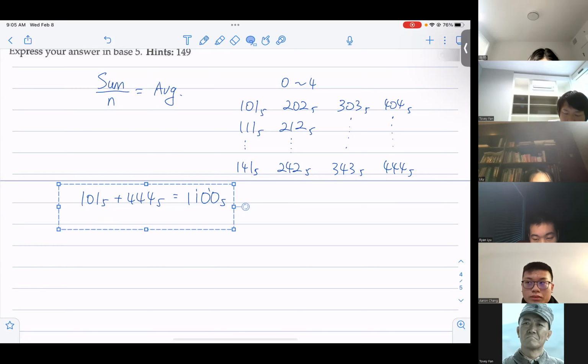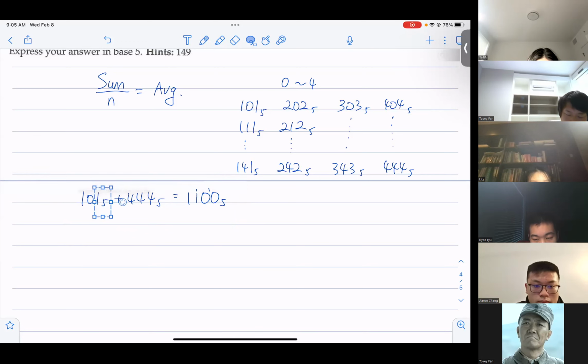An easier way to do this is that you can add this one. Okay, here you have a 1 in 101, right? Anyway. So you can add this one to 444 so that you get 1000. And then add this one, so get 1100. Make sense? Okay, this is equivalent to, if you're using decimal system, for example, doing 101 plus 99.